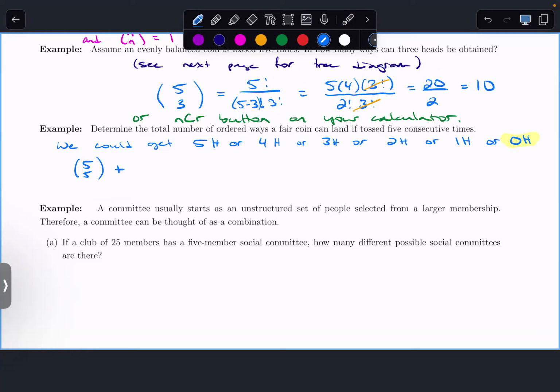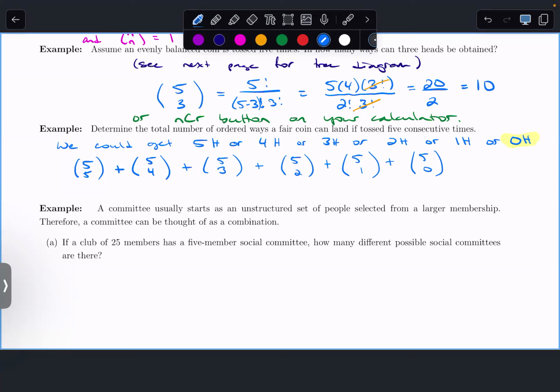Plus the number of ways that I could get 4 heads out of 5 tosses, which is 5 choose 4. Plus, remember, we're figuring out the total number of ways that we could toss this coin, right? 5 choose 3, plus 5 choose 2, plus 5 choose 1, plus 5 choose 0.